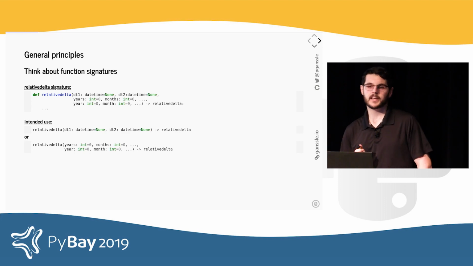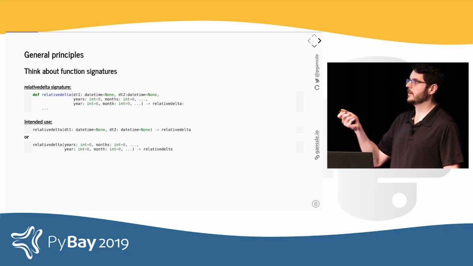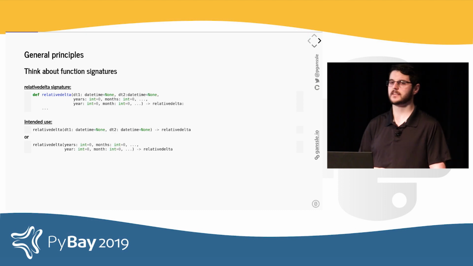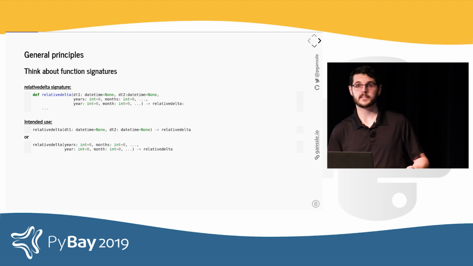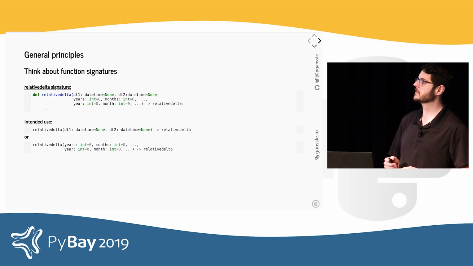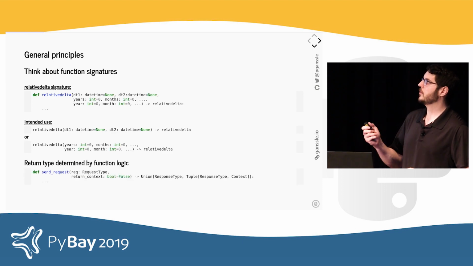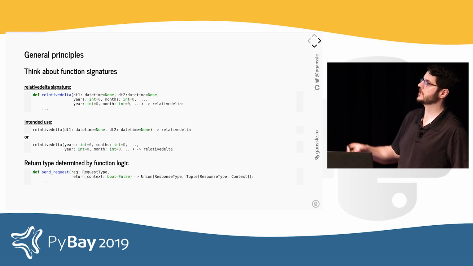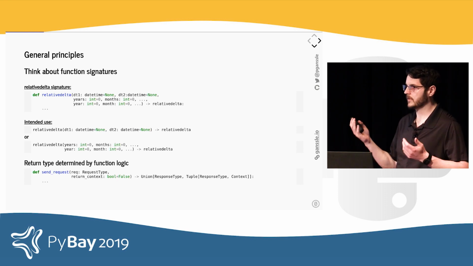And I'm not really going to get into the fact that year and years do 2 completely different things and are separated by a single S. But needless to say, it's not the greatest interface, despite the fact that it is an incredibly useful class. So that's one situation where having nice function signatures would make our interface more discoverable.